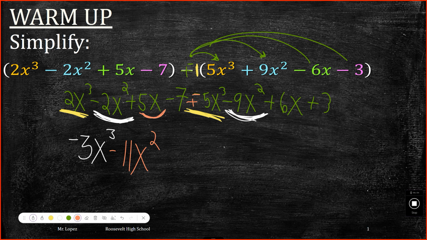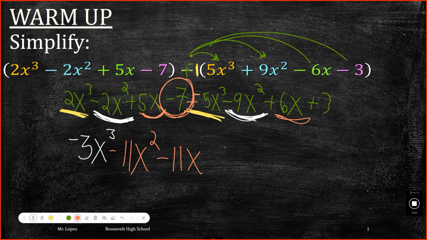5x plus 6x. 5 sticks plus 6 sticks is 11 sticks. All right. We'll give you one more time. Be quiet. Don't say anything. Dulce, one last time. Dulce, do something here. I'm going to circle it.